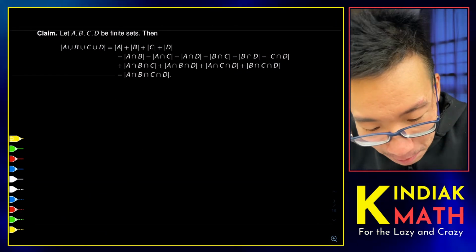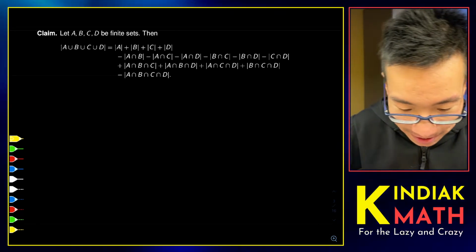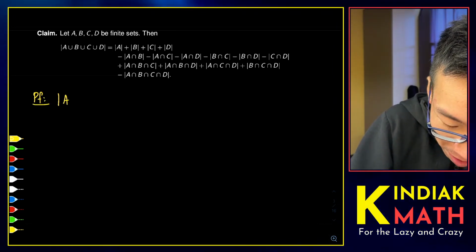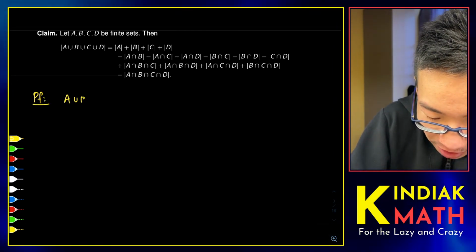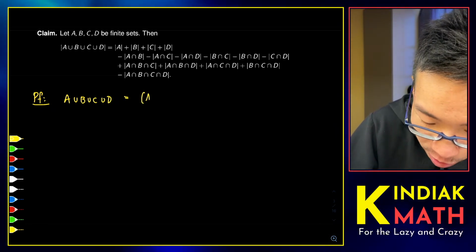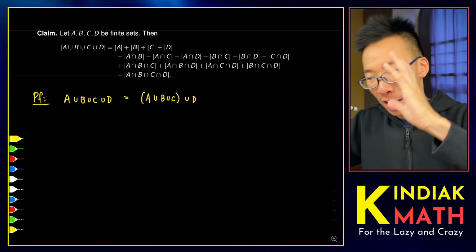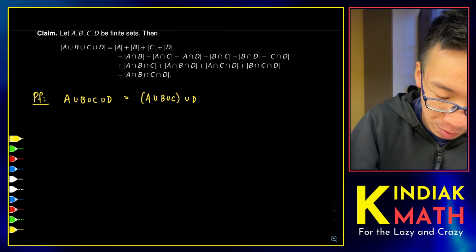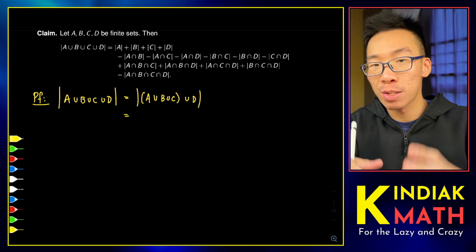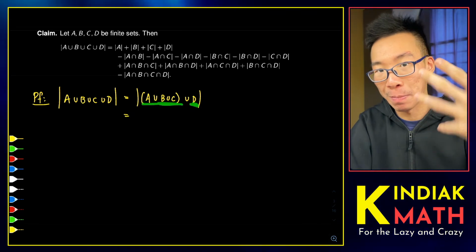It's a long statement, and I'm going to leave some of the details for you guys as an exercise. But here's the strategy. Once again, A union B union C union D can be written as the triple union, union with the D. We can take cardinality. We can apply the inclusion-exclusion principle for 2 sets because we have these 2 sets which we can apply it to.